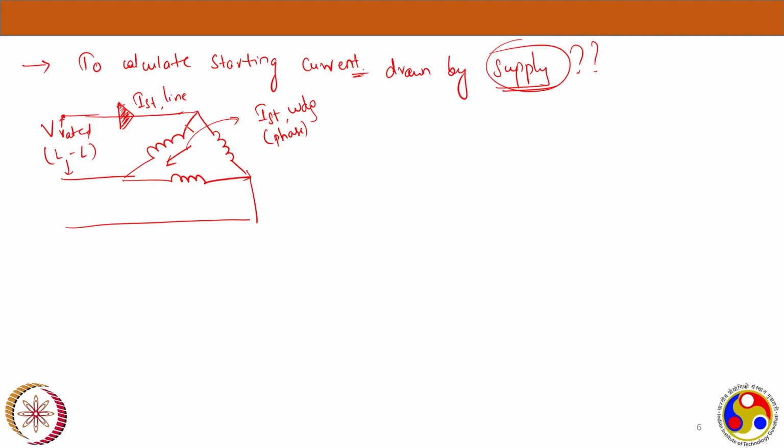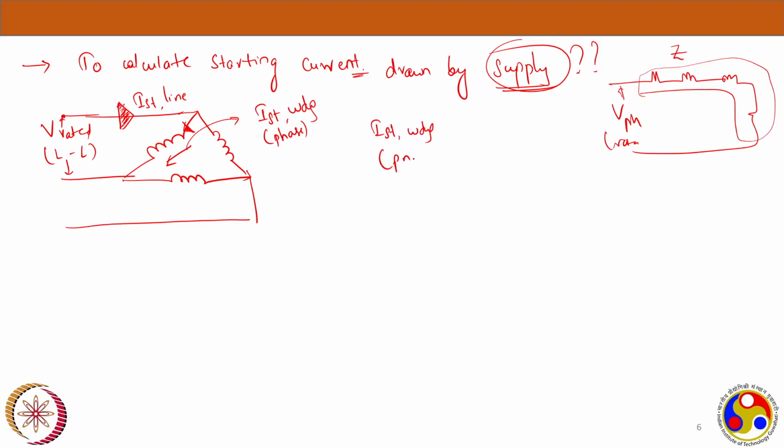Now you have your equivalent circuit here, and you have given a voltage equal to the phase rated voltage, and this impedance is, let's say, the total phase impedance Z. You are trying to calculate the starting current flowing through your winding, which is I phase equal to V rated divided by this Z.